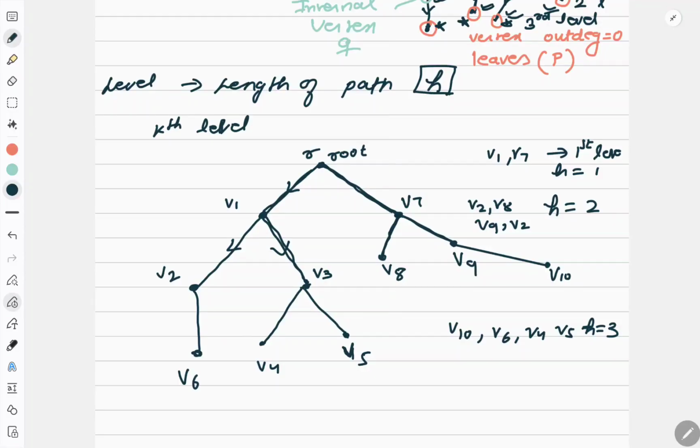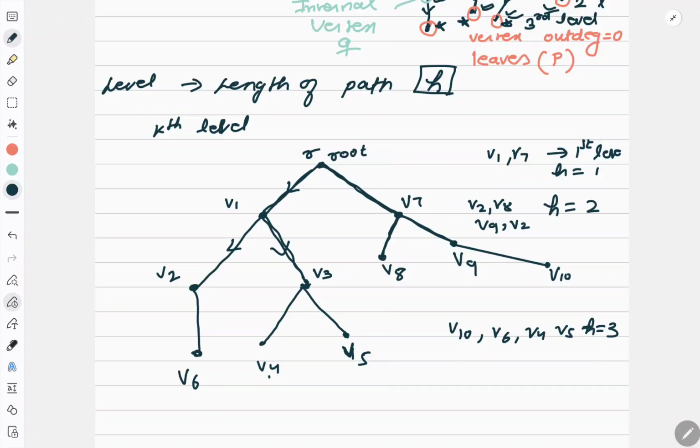Same way V4 and V5 are the children of V3, V3 is their parent, and V4 and V5 are siblings. For V2, one child, V6, is there. This is also defined when we talk about rooted trees. What are the leaves? V6, V4, V5, V8 and V10 are the leaves, and all the remaining are the internal, interior vertices.